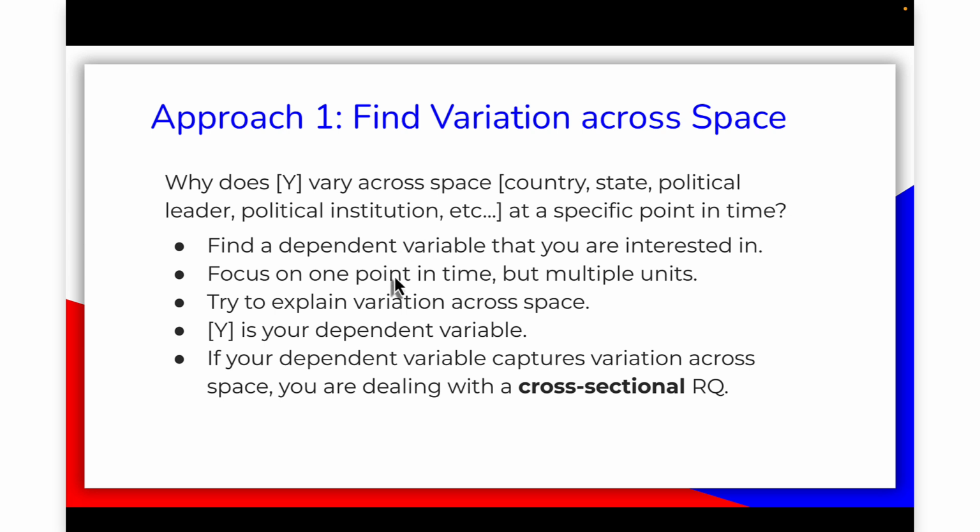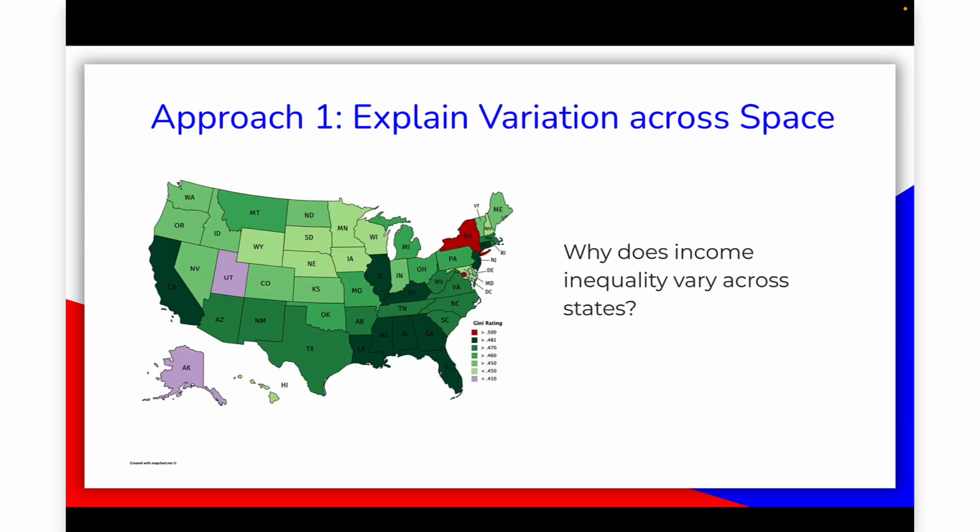You focus on one point in time, but multiple units, for example the 50 states in 2020. And then you're trying to explain the variation across states, or space. Why did all of those 50 states vary in some capacity? Again, Y is your dependent variable, and if your dependent variable captures variation across space, you are dealing with a cross-sectional research question.